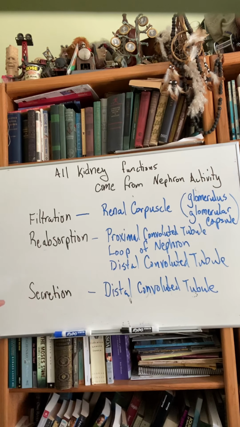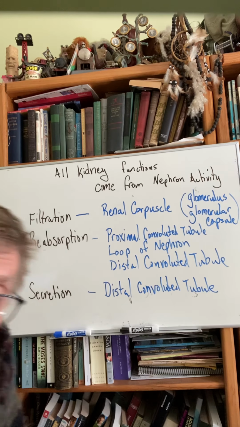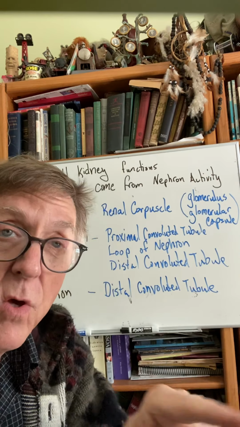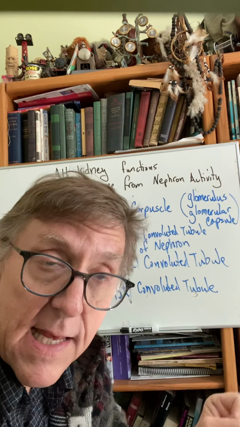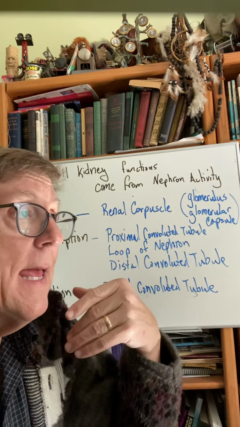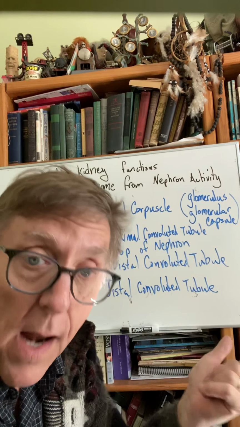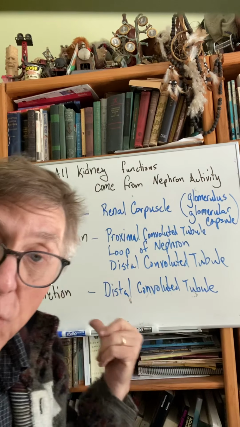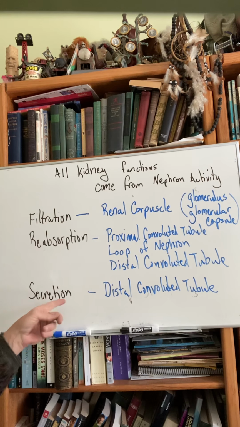The third process in the production of urine is going to be secretion. We had said that the main way you reduce acidity, the most important function in removing hydrogen ions from your system, is secretion into the urine.